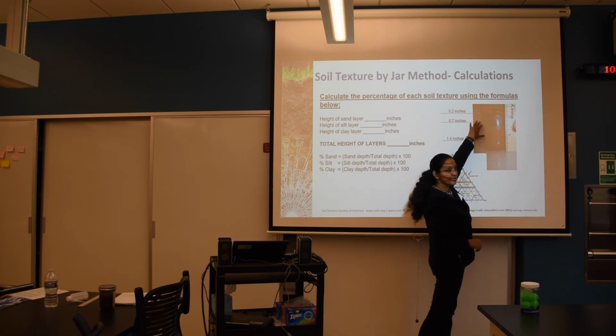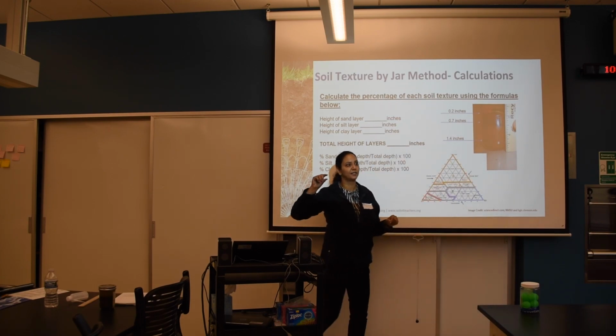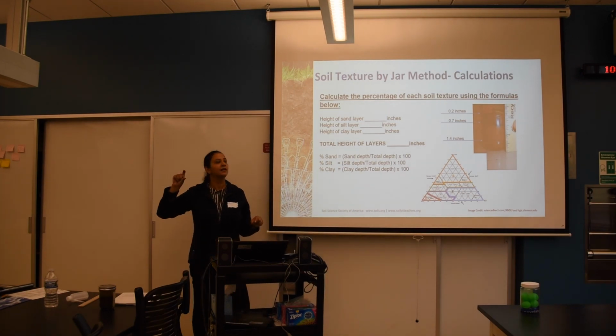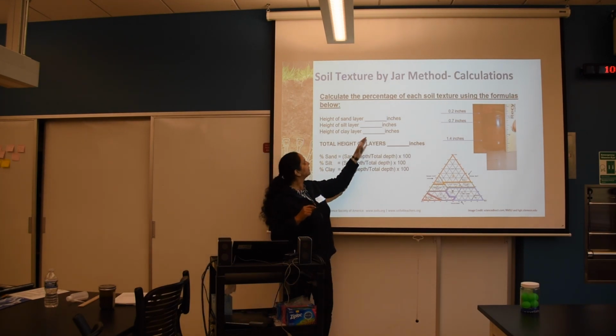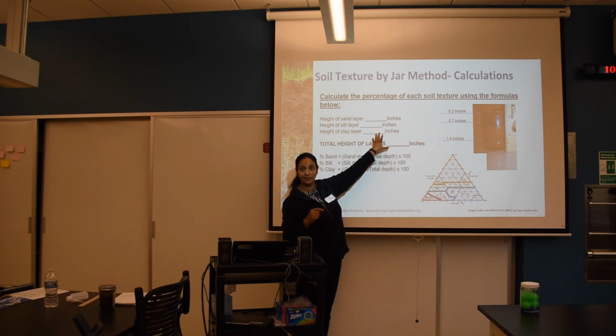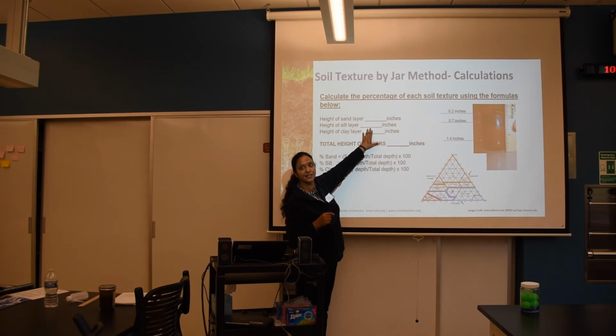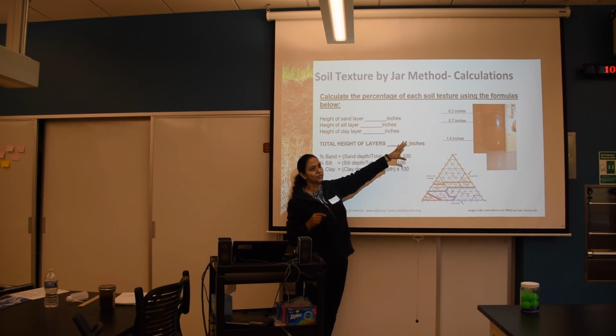Then the middle one is the silt, so take the height of the silt above the sand. Then the top one is the clay, so take the height of the clay above the silt. Take all three heights and write those heights in here, okay? 1.4 inches for the sand, then 0.7 inches for the silt, then 0.2 inches for the clay. So those are the three heights we got from the jar.